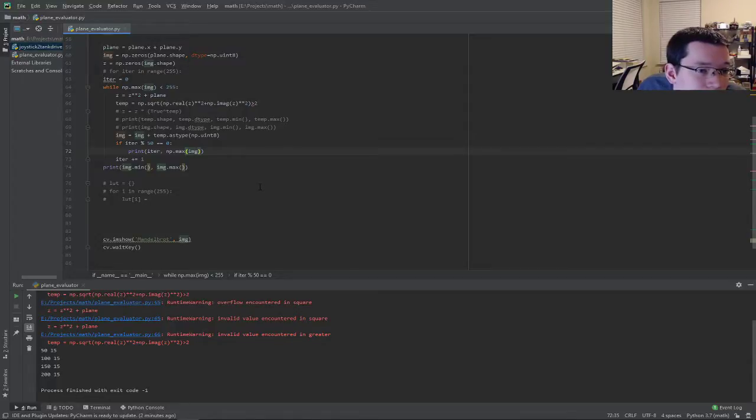True or temp. What? Confused. Why is this not working?